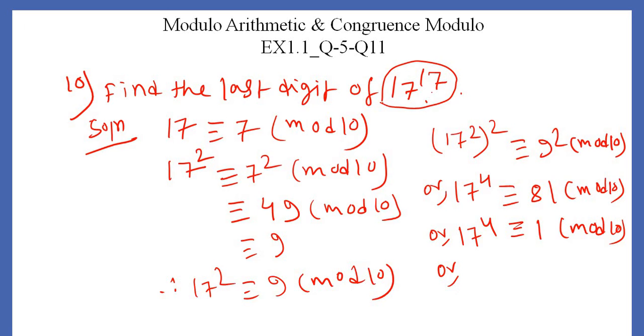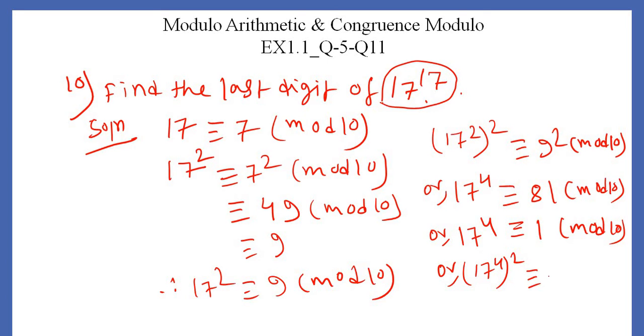Now you have to always focus on the question. You have to get the power 17. Now 16 is very close to 17, and we know that 4 square is 16. So now we will again raise the power of 17 to the power 4 by 2.